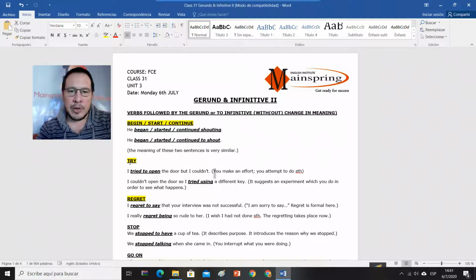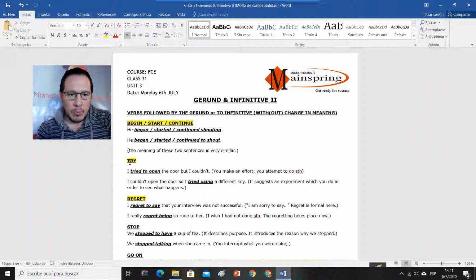Here the explanation says you make an effort, you attempt to do something. Most probably you will not achieve what you want to do in this case, but most probably the attempt will fail. But it doesn't happen all the time.